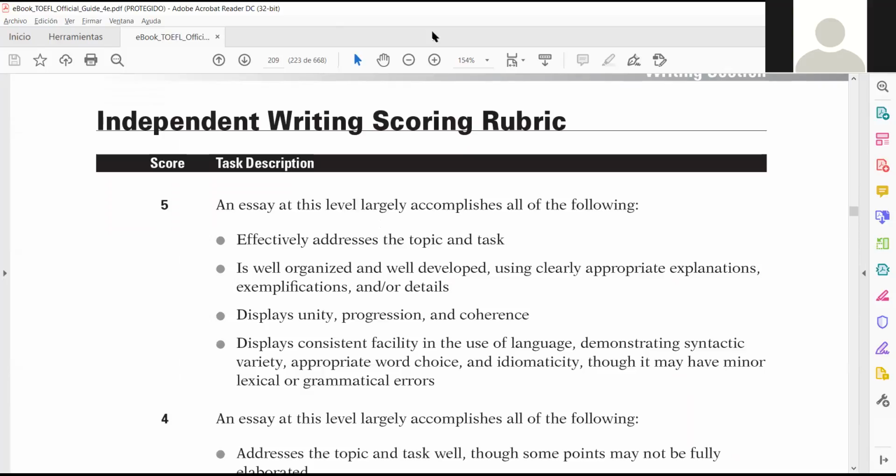Also, let me tell you that each of the four sections has the possibility to get 30 points, 30 credits. However, when you get these scores, it's not based on 30, as you notice.